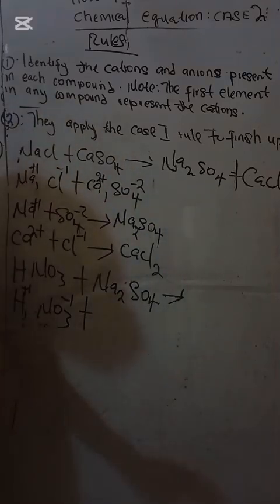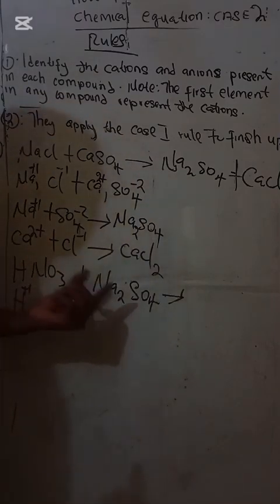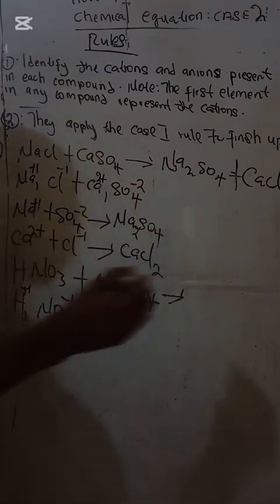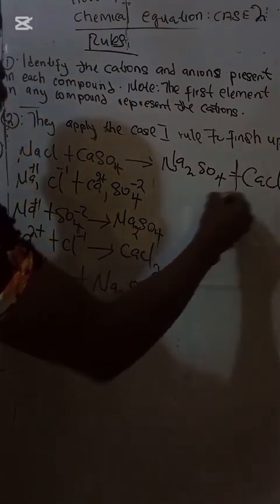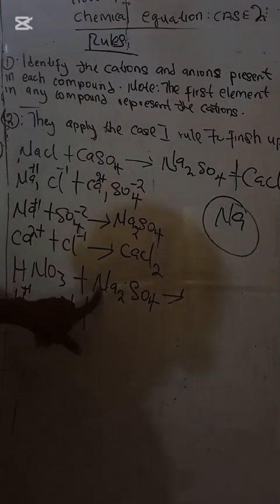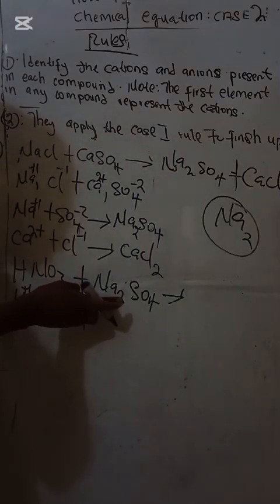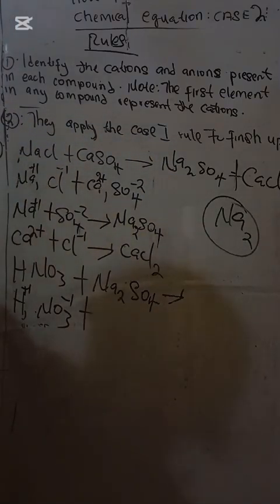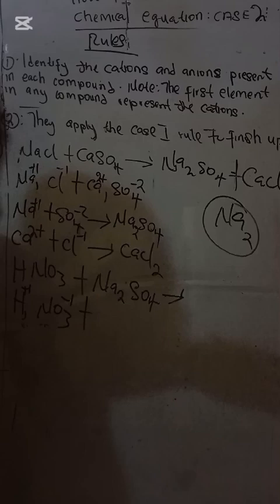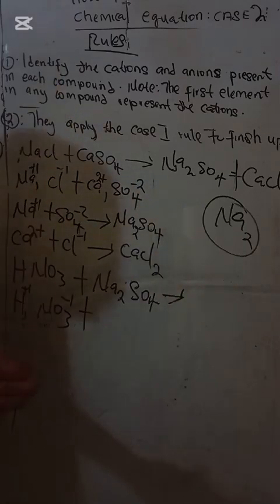But if you go to the list of cations and anions, you will find out that sodium is written as what? Na. Am I communicating? So if you are bringing out the cation, you dare not write Na2 because you are seeing Na2 here. Rather, you bring out the cations and anions exactly the same way they are in their list. Do you understand?